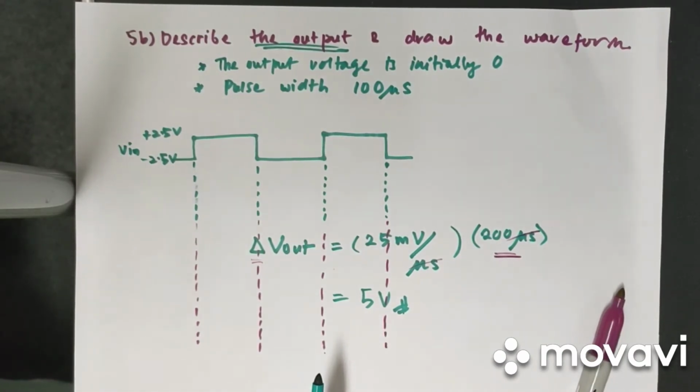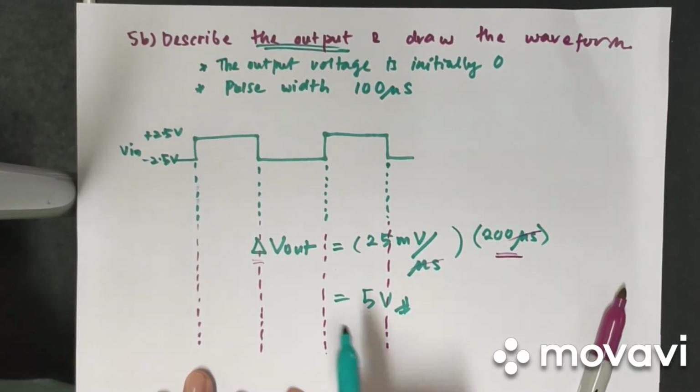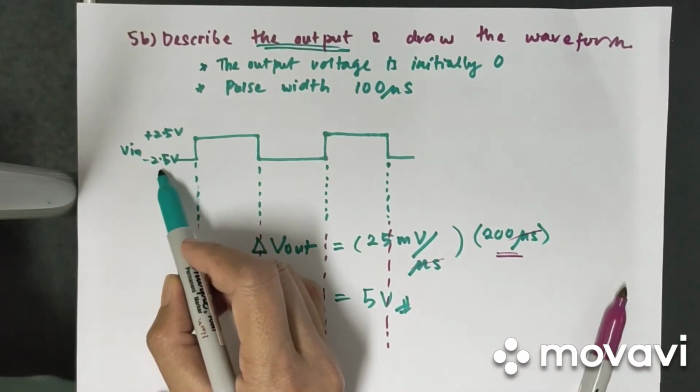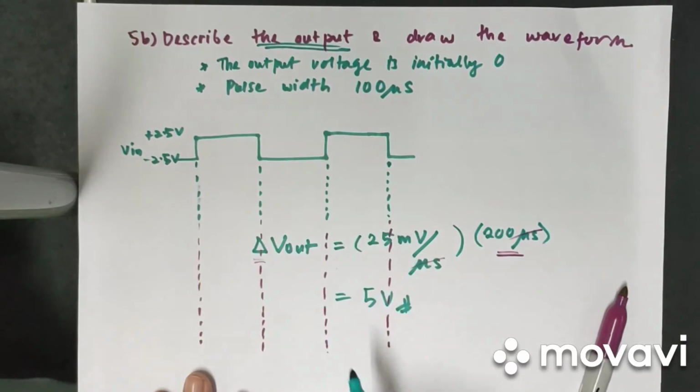If you refer back to your lecture notes, when the input is at positive, the output is a negative going ramp. When the input is at negative, the output is a positive going ramp.